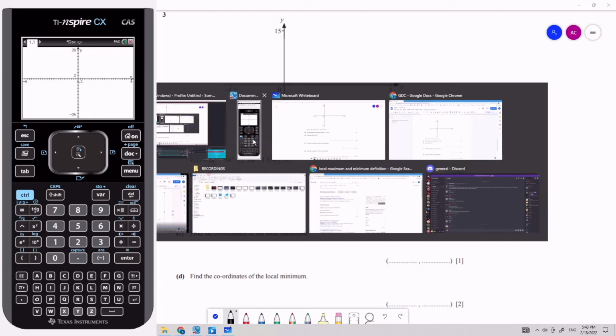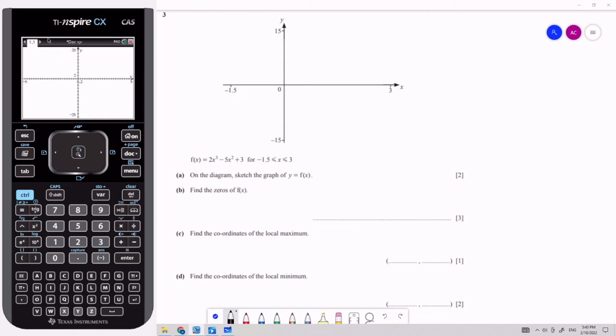Okay, so the first step to solving these kinds of questions would always be to graph the function, which is pretty simple. Just do 2x cubed minus 5x squared plus 3. Since it tells you the range and domain for the graph, you can basically just set your window settings to match theirs.